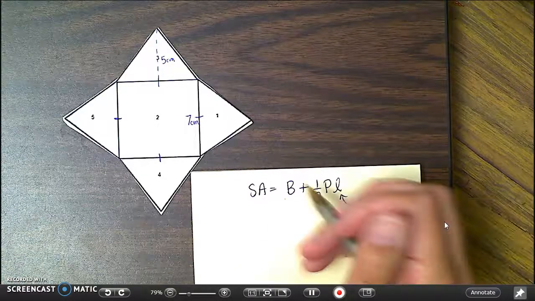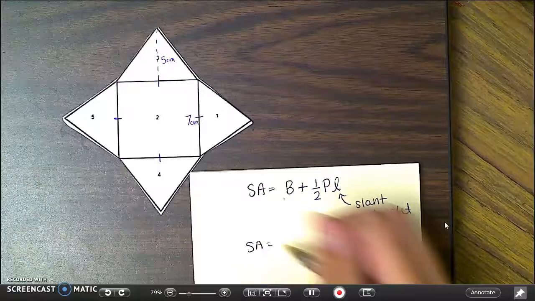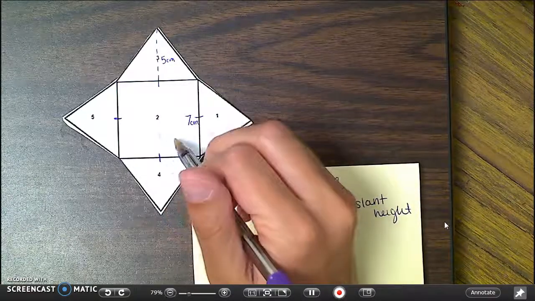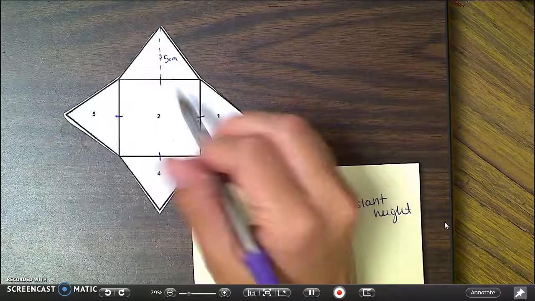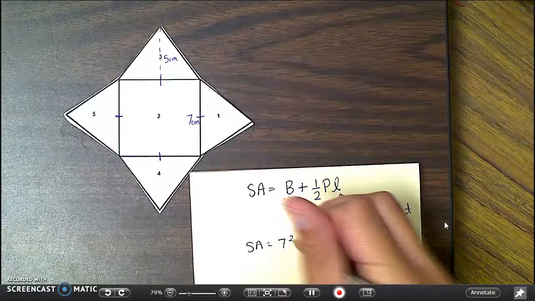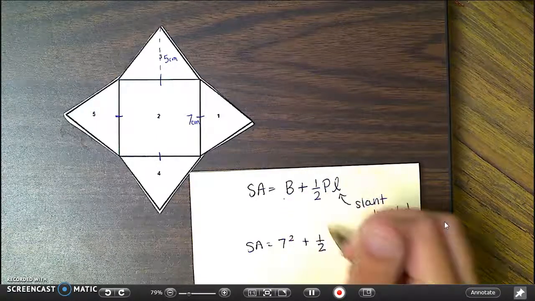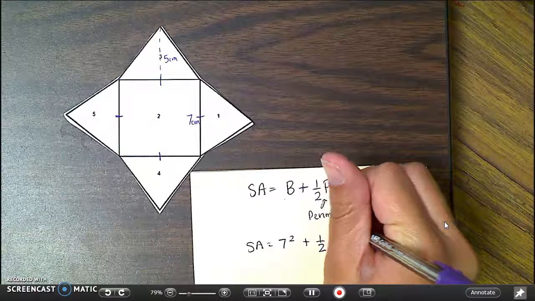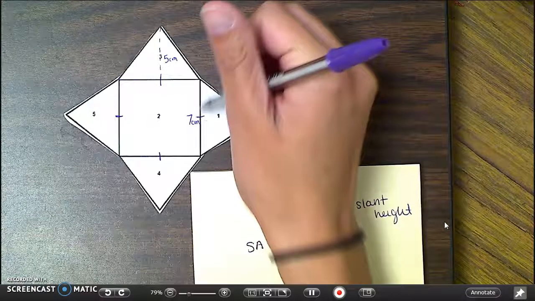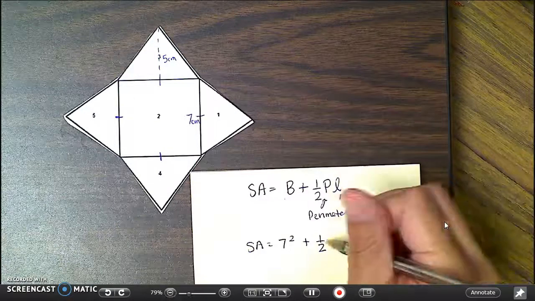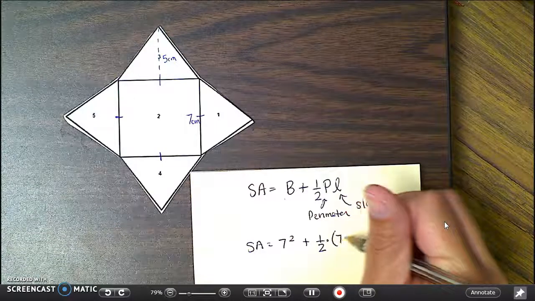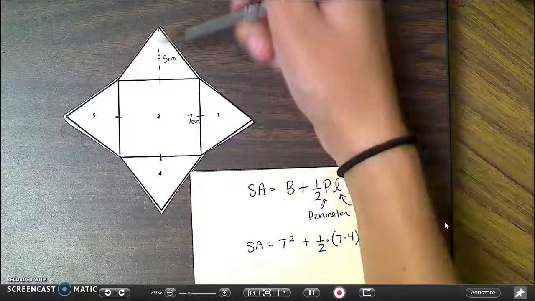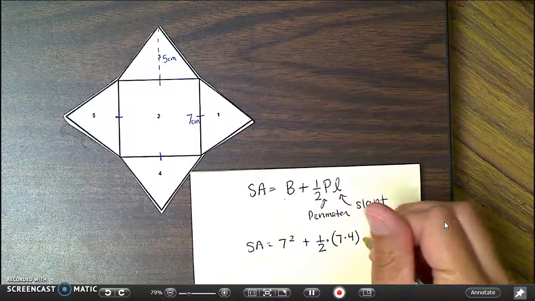Okay, so surface area equals area of the base. Well, the base is a square, so that's going to be 7 times 7, or 7 squared, plus half the perimeter of the base, which again, the base is a square, so 7 around is going to be 7 times 4, times the slanted height, which is right here, which is 5.